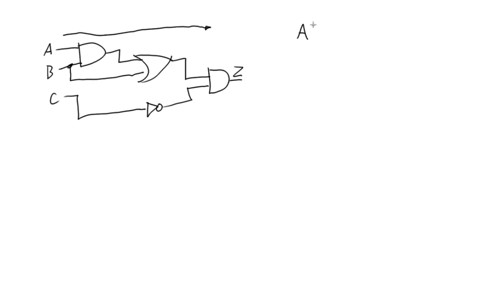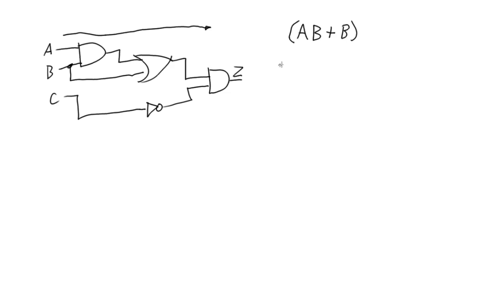So we've got A and B. Remember, if there's no symbol, it's implied that there's an AND there. So we've got A and B, and then that gets ORed with B. Then let's take the output of that OR gate and put it in parentheses.